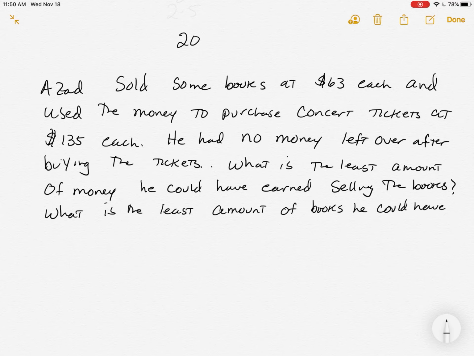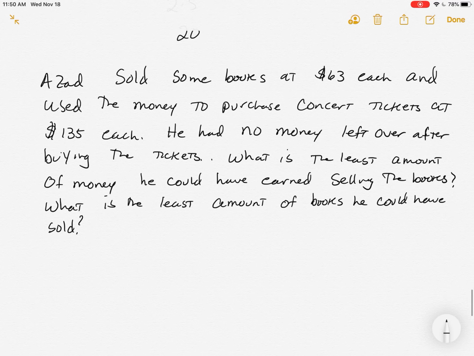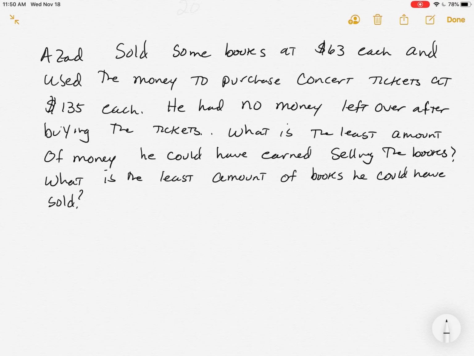So what's the key word in here? The key word is least. You're looking for a number that both 63 and 135 go into. So the amount of money he generates from the books is 63 times the value. So 63 will go into this number. Evidently 135 went in there perfectly because it had no money left over.